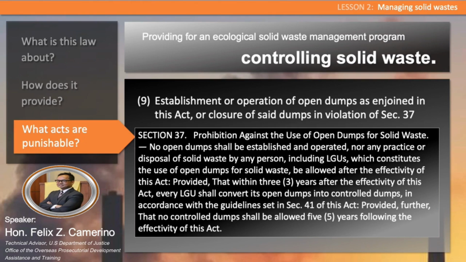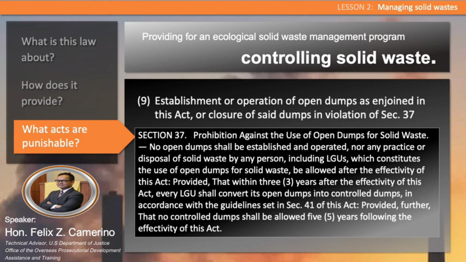So what that means is from that point forward, open dump sites are completely prohibited. You couldn't establish or operate them anyway, but for some time you were allowed to use them. Starting on the day after the 5th year, no more. You couldn't use them anymore.